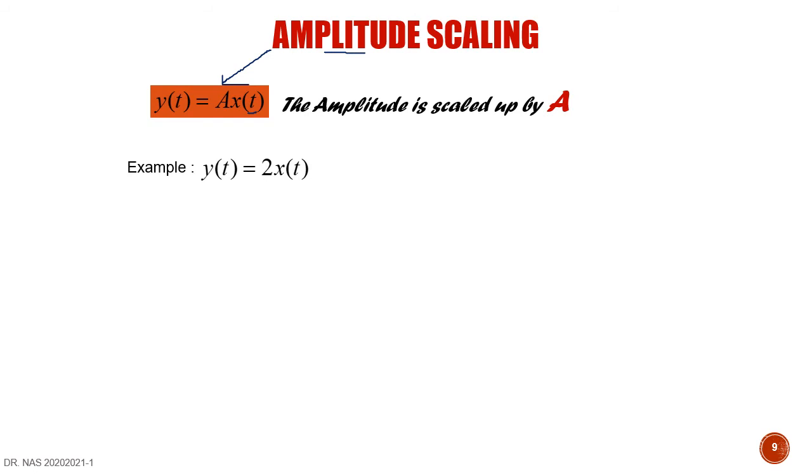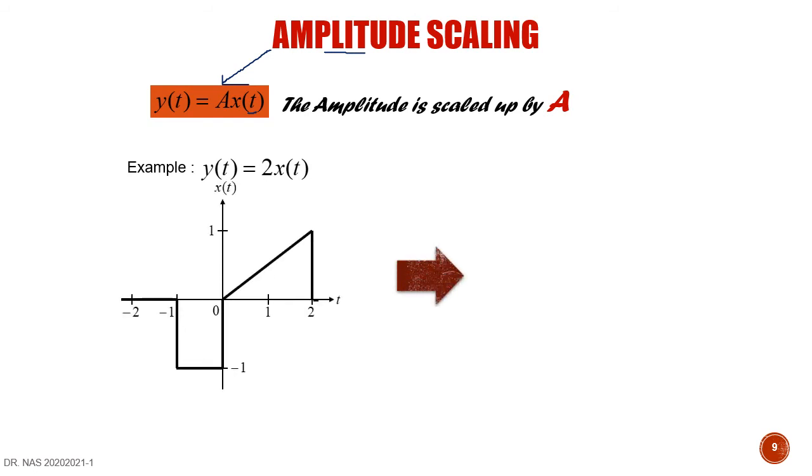If you have a signal given by this figure, draw how the new signal looks when the new function is given by 2x(t). That 2 means that the amplitude of the original signal, this is the original signal, will be scaled up by 2.